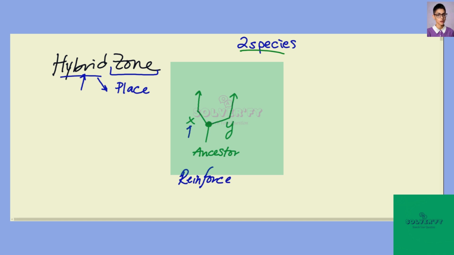So we'll say species X and species Y are able to mate and interact and reproduce. So they're going to create this sort of hybrid generation in between that has similarities between both species. But in this reinforcing pathway, they have less chance of survival.